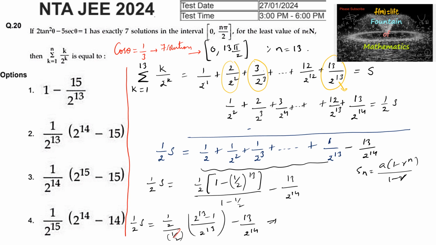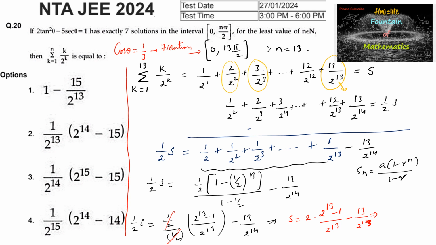So here we can cancel 1 by 2 and 1 by 2, and s is equal to 2 times 2 power 13 minus 1 divided by 2 power 13 minus 13 divided by 2 power 14. So we can just multiply and divide with 2 here. When you're multiplying 2 here, you'll be getting 2 power 13.